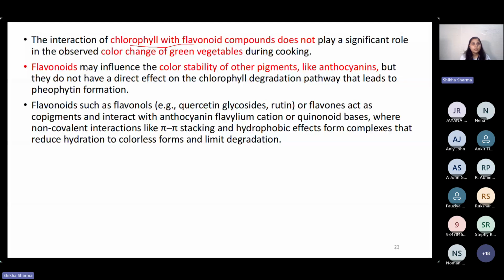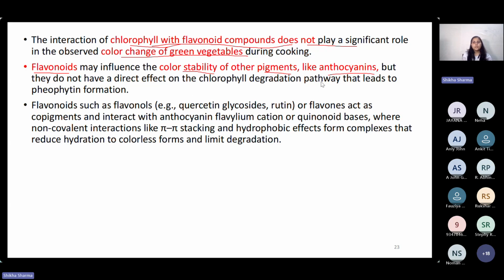The interaction of chlorophyll with flavonoid compounds doesn't play any significant role in the color change of green vegetables. Flavonoids basically affect the color stability with pigments like anthocyanin only, and with chlorophyll, flavonoids have no much interaction, but pigments like anthocyanin do have interaction.